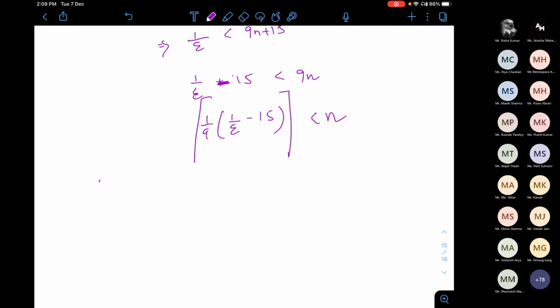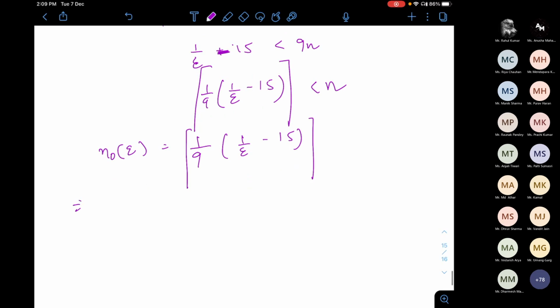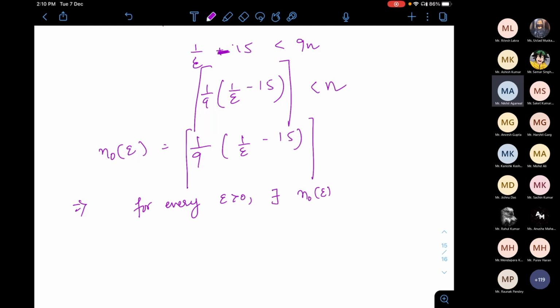Then definitely n naught for epsilon I am writing as follows. It implies that for every epsilon greater than 0 there exists n naught. Ma'am, if we take epsilon as 1 by 30, then it's good.